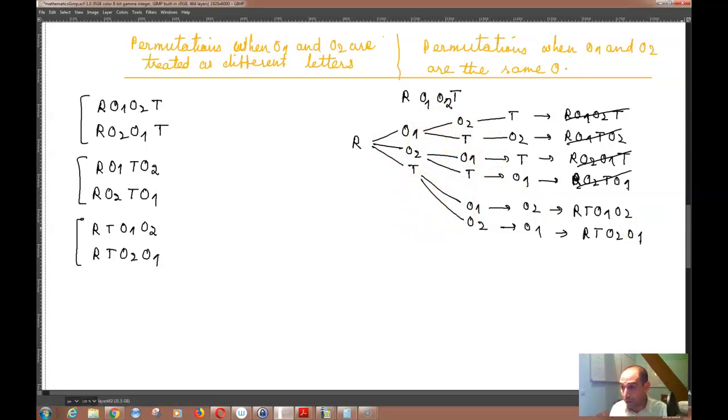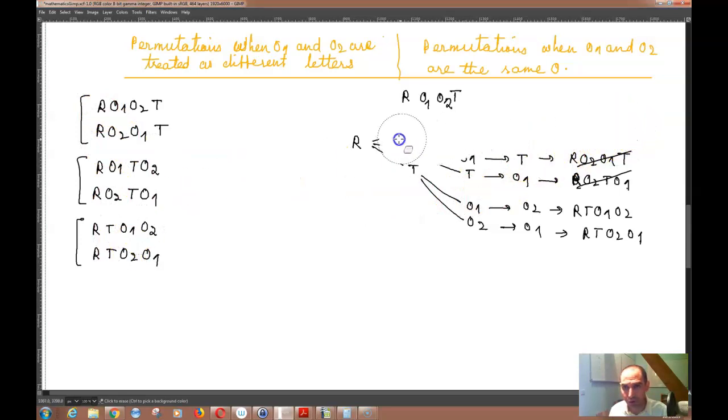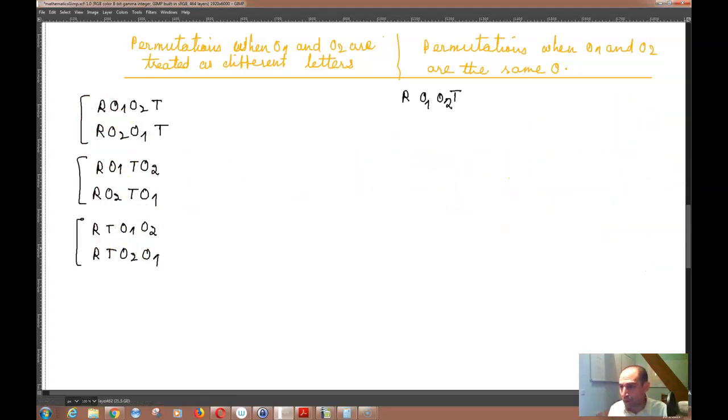Now again we have a couple more of these to do, right? So this was for R, and I'm going to basically write them all over here if it's possible. Now let's do the next one.